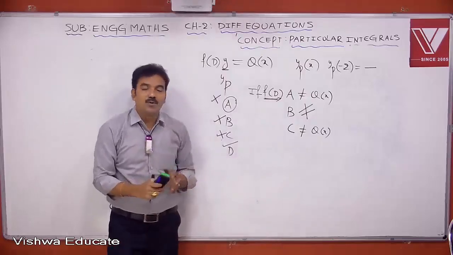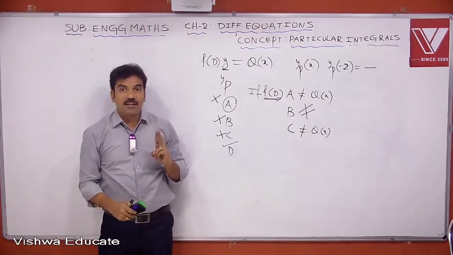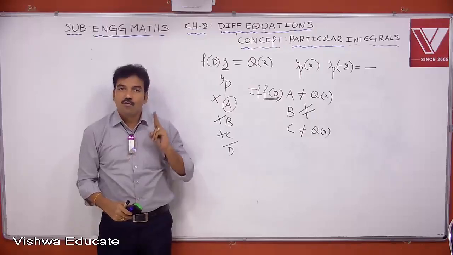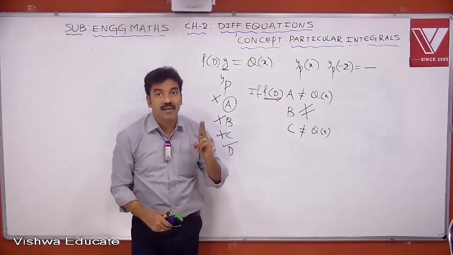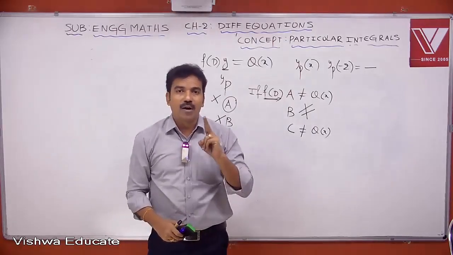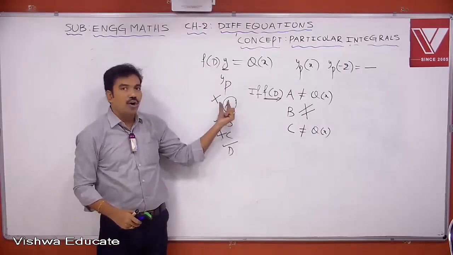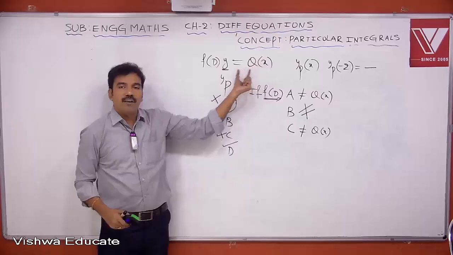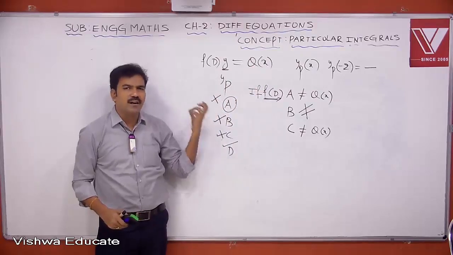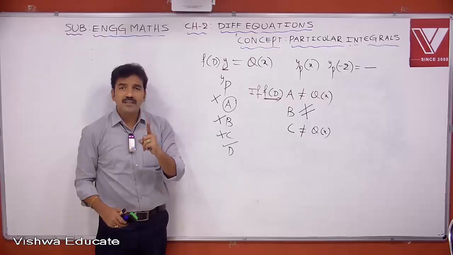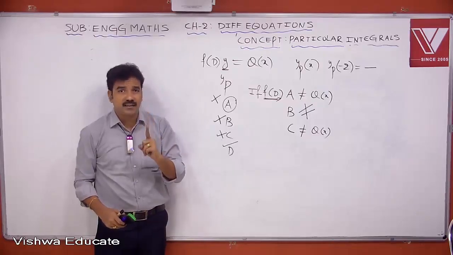So there can be two types of questions from particular integrals. One is a direct question: the particular integral of this equation is, and four options A, B, C and D are given. If options are given, you can handle it very easily. Apply f of D for option A. If you get q of x, then option A is the right answer. You need not verify B, C, D, because for one equation there will be exactly one particular integral.